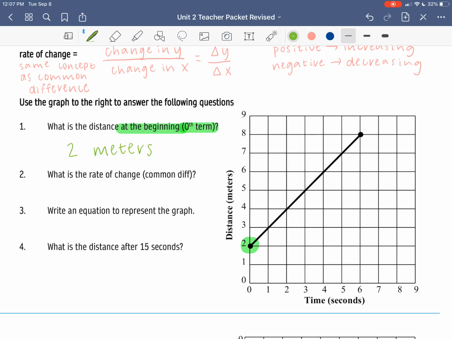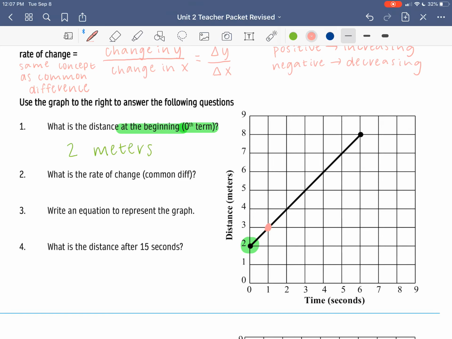And then for the rate of change, we're looking at how we change over time. What I like to do is pick out my next, I'm going to call it a nice point. When I say nice point, I mean one that just lines up nicely with my grid lines. So I'm going to pick this point right here, the point (1, 3). We said that rate of change was going to be the change in y over the change in x.